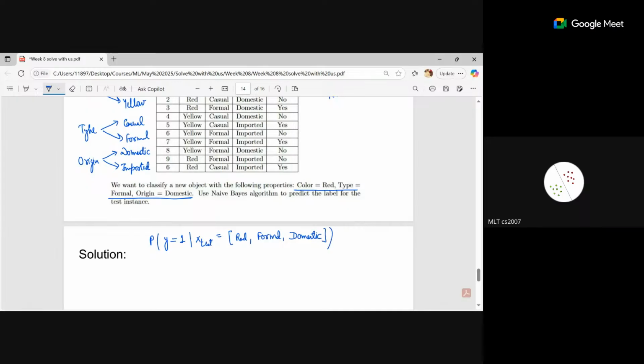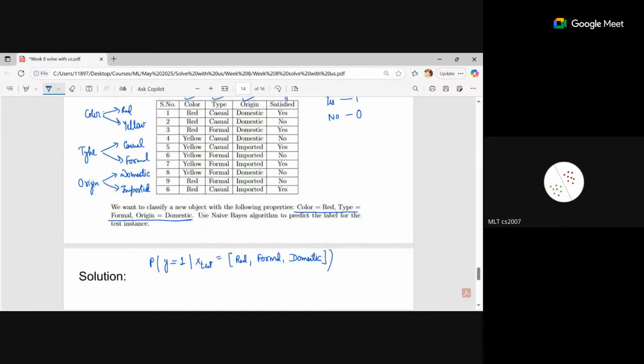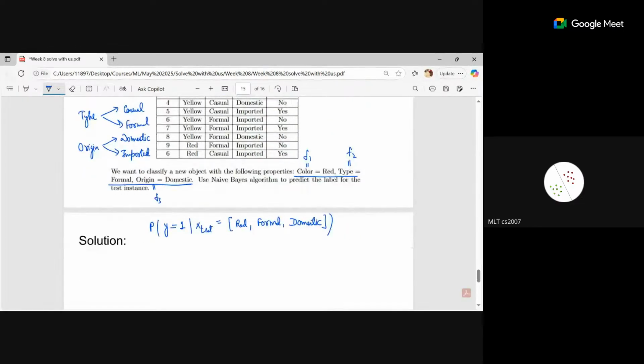Maybe the color I will write as F1, type I will write as F2, and origin I will write as F3. So you need to find probability y is equal to 1 given x test is equal to F1, F2, F3.